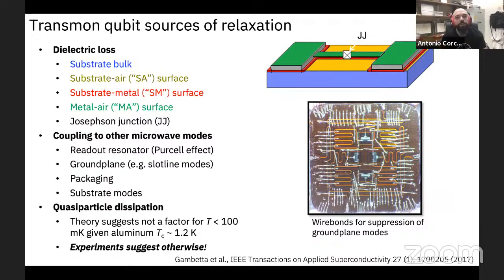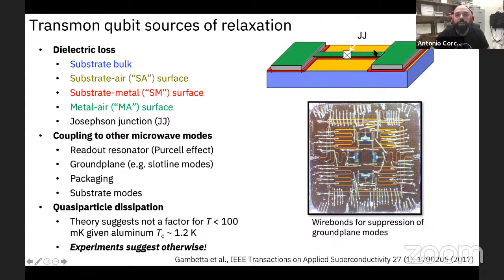So as some examples of where relaxation or T1 problems can arise for the transmons I'm discussing, there is some dielectric loss that is inherent to the material itself. Normally the problem is in the interfaces between the superconductors and the semiconductor that is the substrate of the chip.